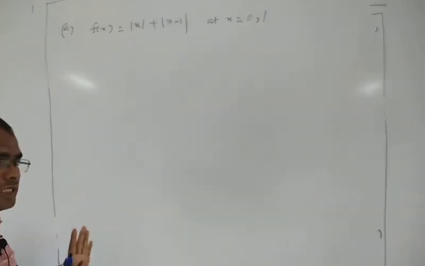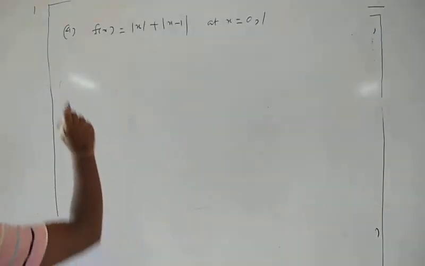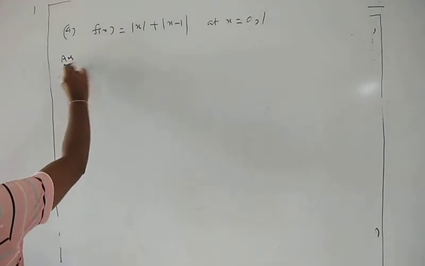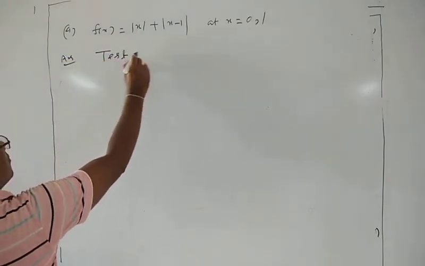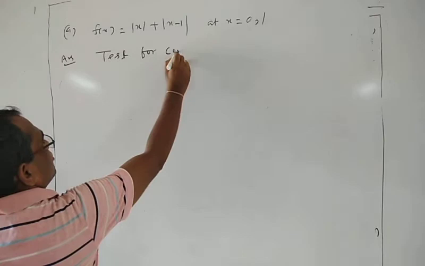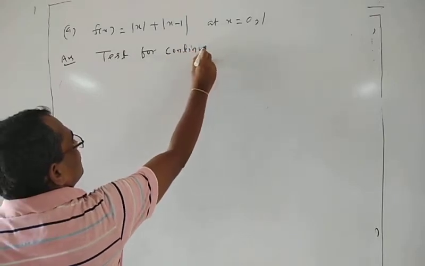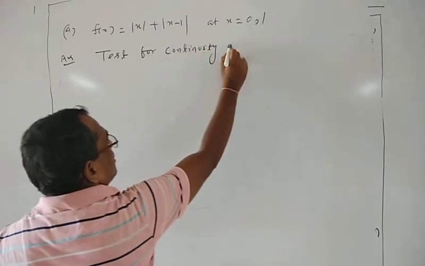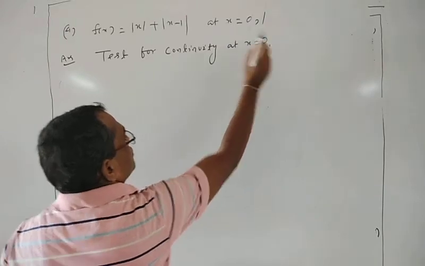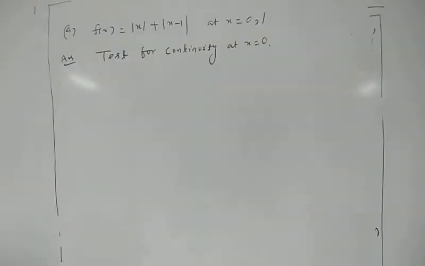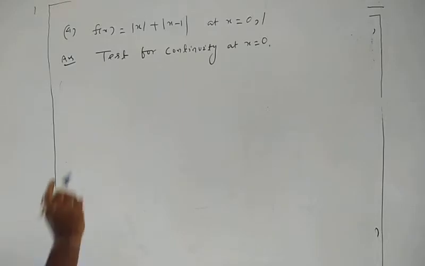First we test continuity at x is equal to 0. Answer: test for continuity at x is equal to 0. Since f(x) is a modulus function, for existence of a limit, we find the left hand limit and right hand limit.